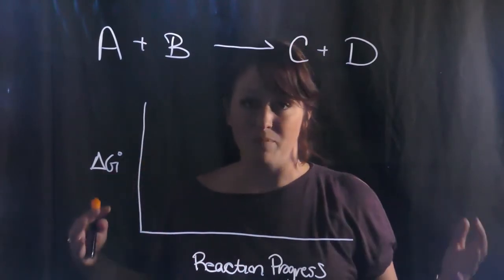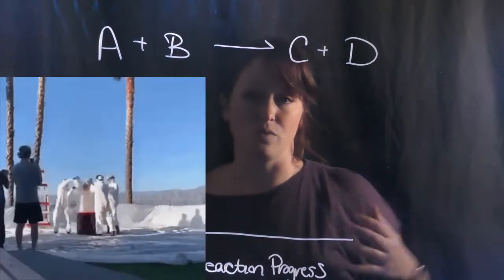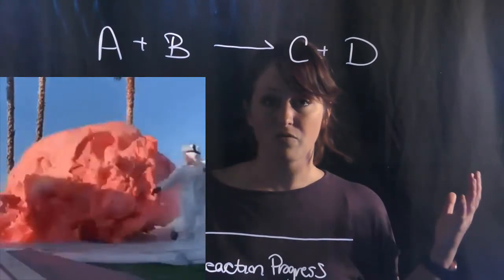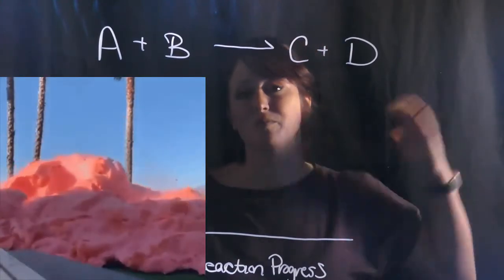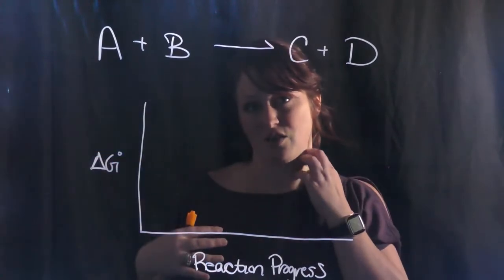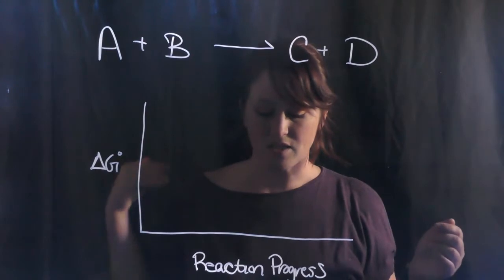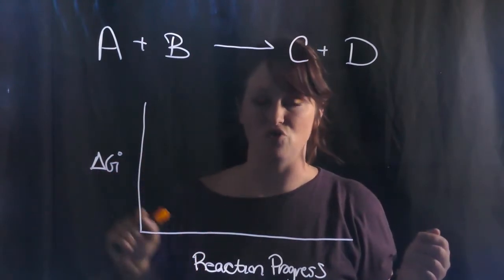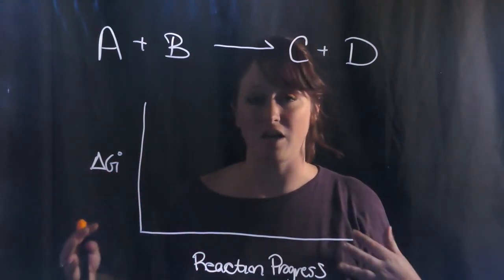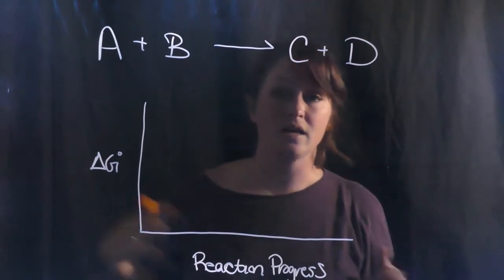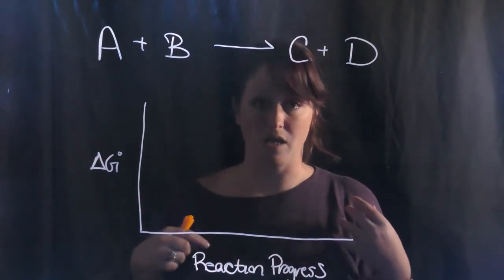When that change happens, energy is either released into the system from the reaction or absorbed from the surroundings into the reaction in order to drive that reaction forward. This is what we call our change in free energy, and we can follow that change in that potential energy, again, to determine whether or not a reaction is spontaneous or not.